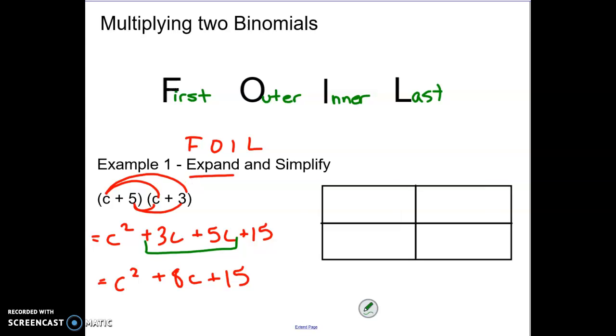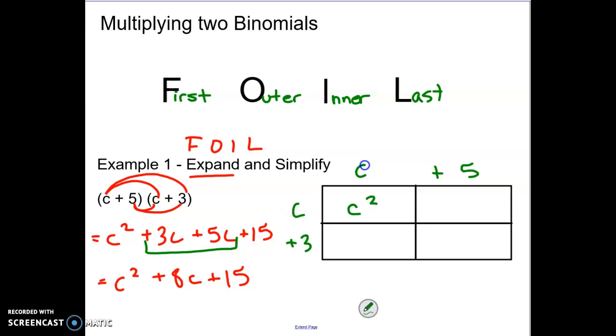So if we're going to use the box method, what we do is we're going to put one of these, so c plus 5 on the top, the other one, so c plus 3 on the side. So remember that the factors, or the two sets of brackets, are like our side lengths, and we can multiply them together to find the area. So the first box, if it has dimensions of c times c, we get, again, c squared.